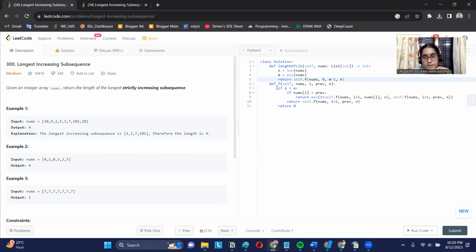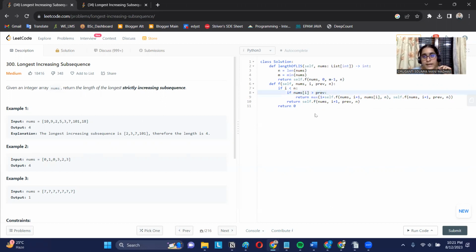So in the helper function, this is the recursive function over here. First of all, we check if the index that we're at is part of the array. If not, then we're just returning 0. So keep in mind that, throughout this recursive function, we're keeping track of the length of the current subsequence, right? Now, the condition to add is if the nums of i, the element that we're at right now in the array, is greater than the previous element of the subsequence.